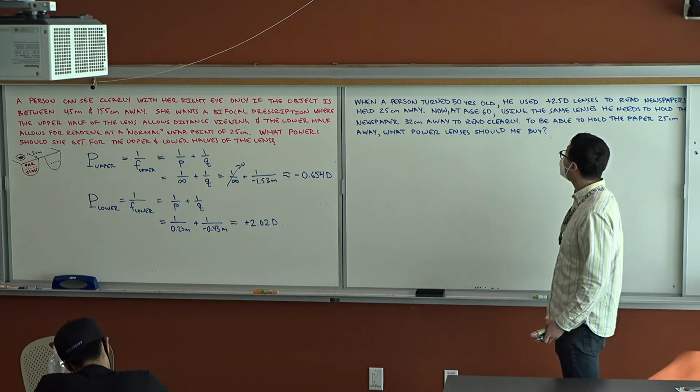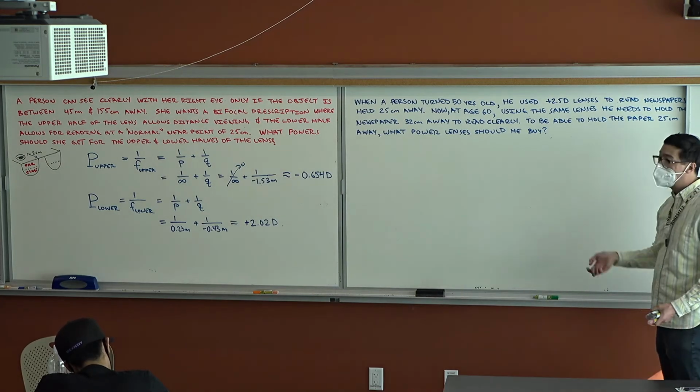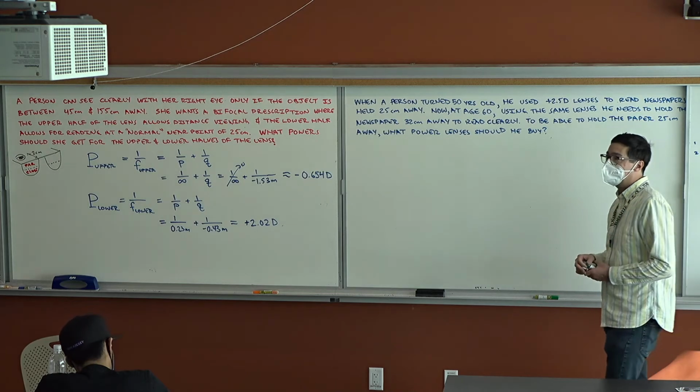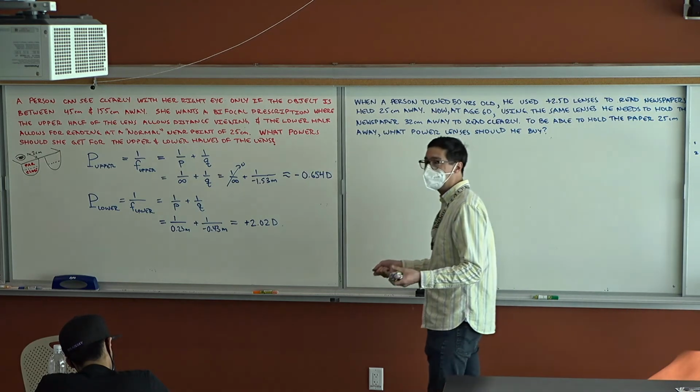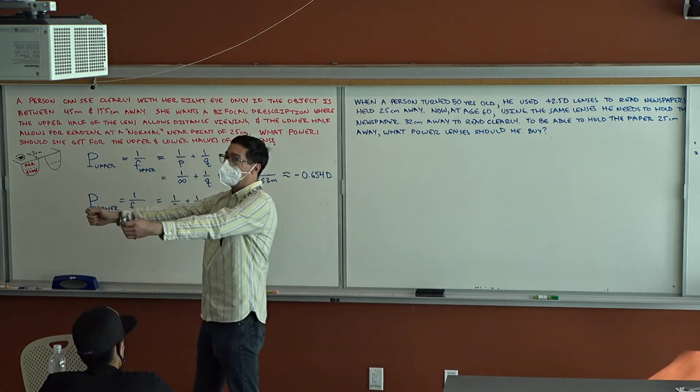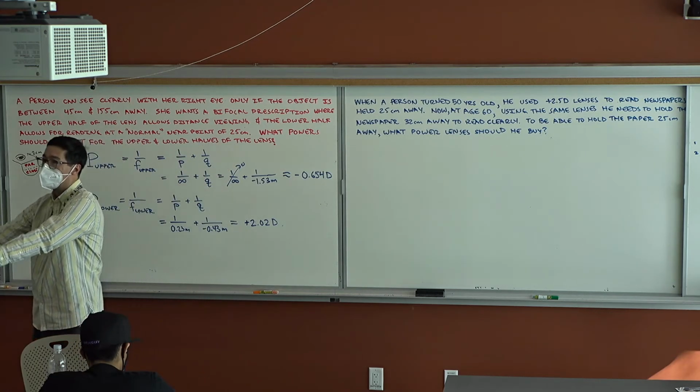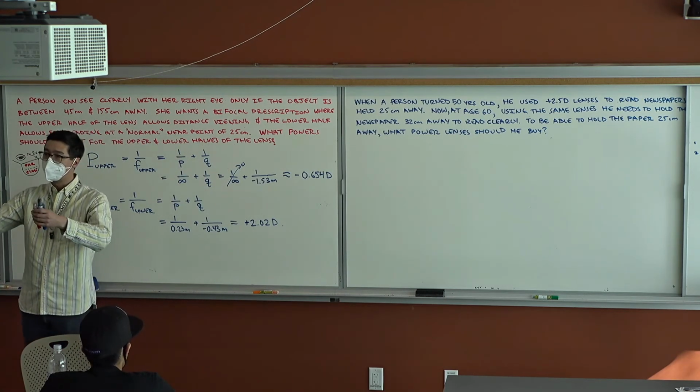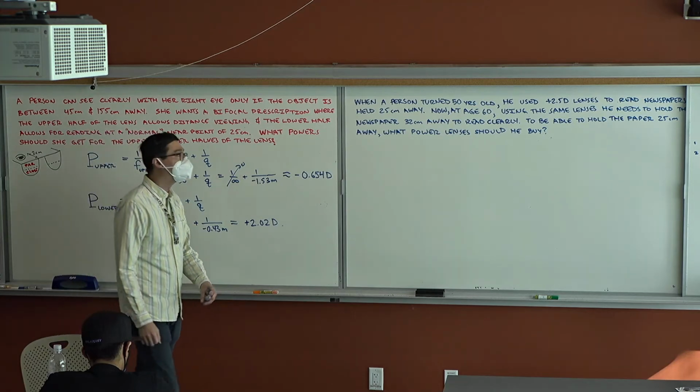Now he's 60 years old, and those same lenses aren't quite enough anymore. So now he has to hold the newspaper 32 centimeters away. Starting to get into that issue of are his arms long enough, right?